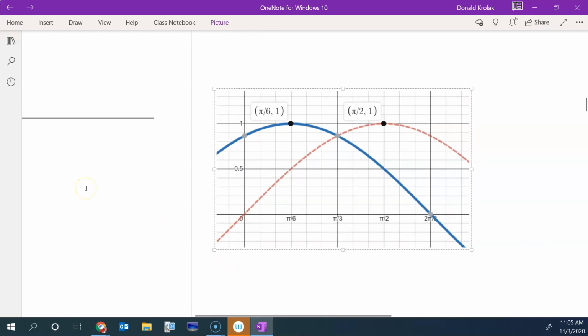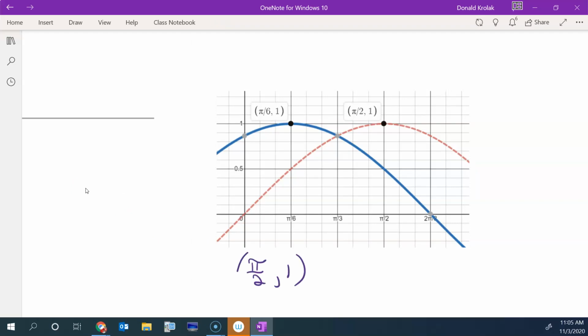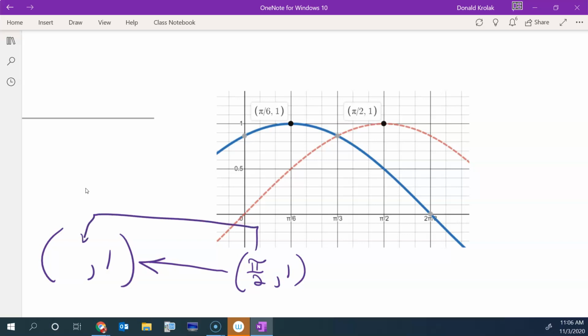All right. So you were given this point, pi over 2, comma 1, and you want to slide it pi over 3 left, correct? Yes. All right, so the y coordinate won't change. And to get that, I'm going to subtract pi over 3.